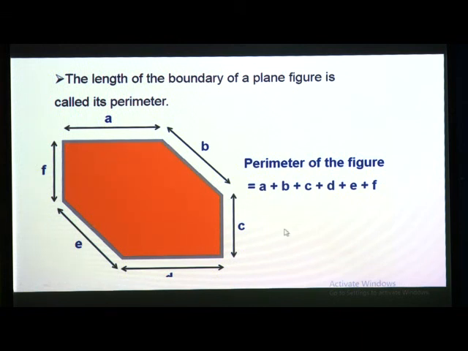To find the perimeter of this figure, we need to add all the sides: A plus B plus C plus D plus E plus F. If the length is not given, you can find it with the help of a scale or ruler, and then you can find the exact perimeter of this figure.